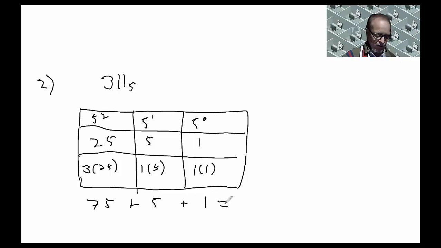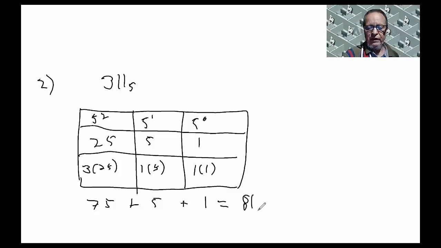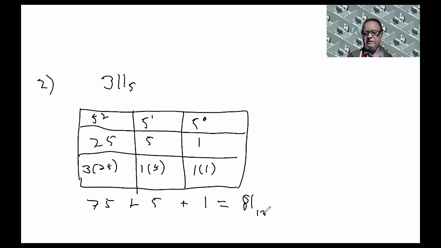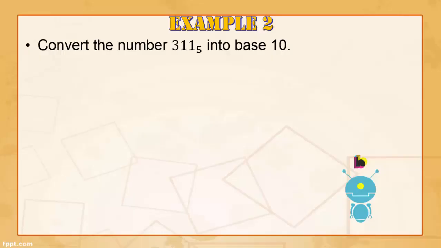And then I add them all up, and I get 81 base 10. And base 10 is our number system. And since it's the base that we essentially live in, we usually just write plain old 81. We don't have to write the base.